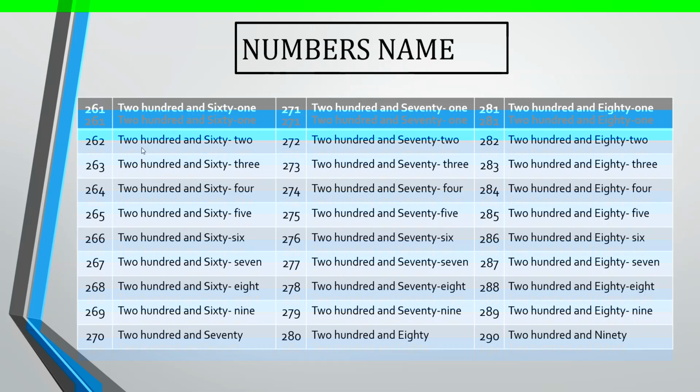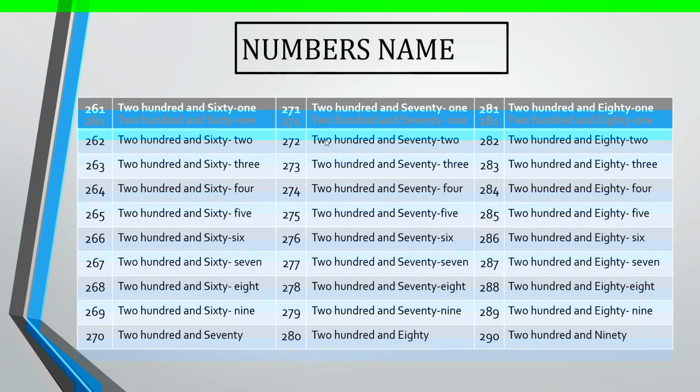Next, count the numbers. 262, 263, 264, 265, 266, 267, 268, 269, 270. This is the number from 261 to 270.